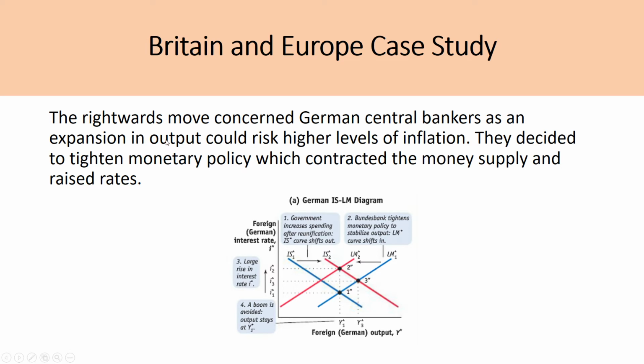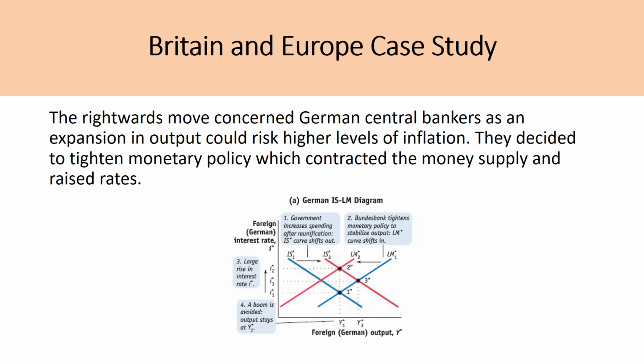Now, the rightward shift concerned German central bankers, as an expansion in output could risk higher levels of inflation. They decided to tighten monetary policy, which contracted the money supply and raised rates. So, let's understand why they did this. They're concerned about inflationary pressures. To reunite literally half a country takes a lot of government spending.